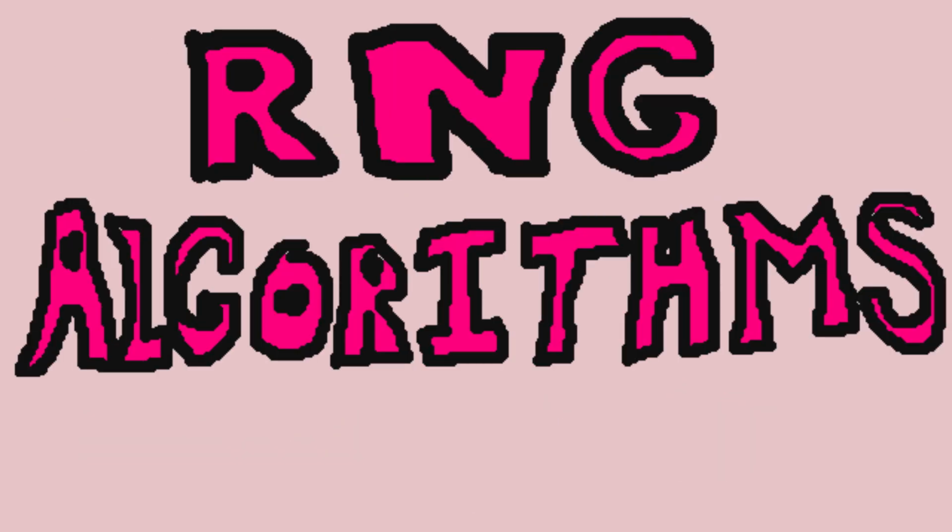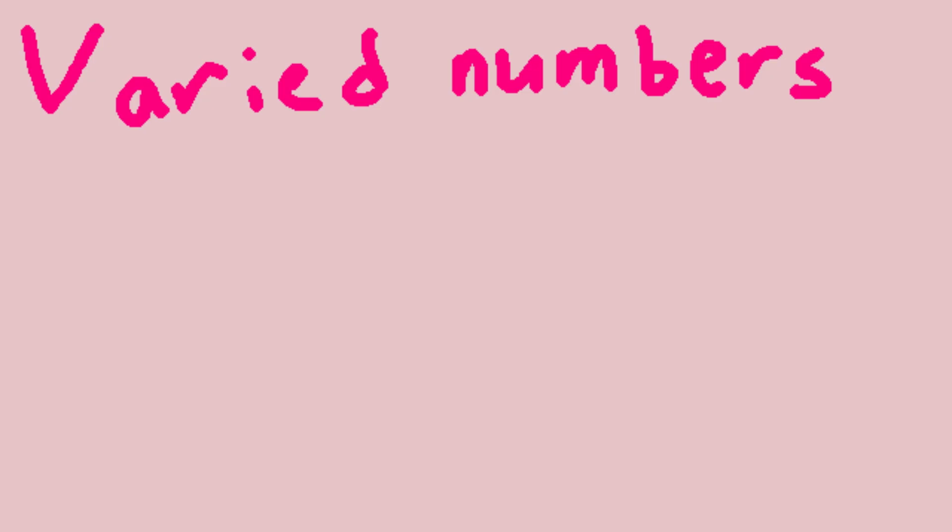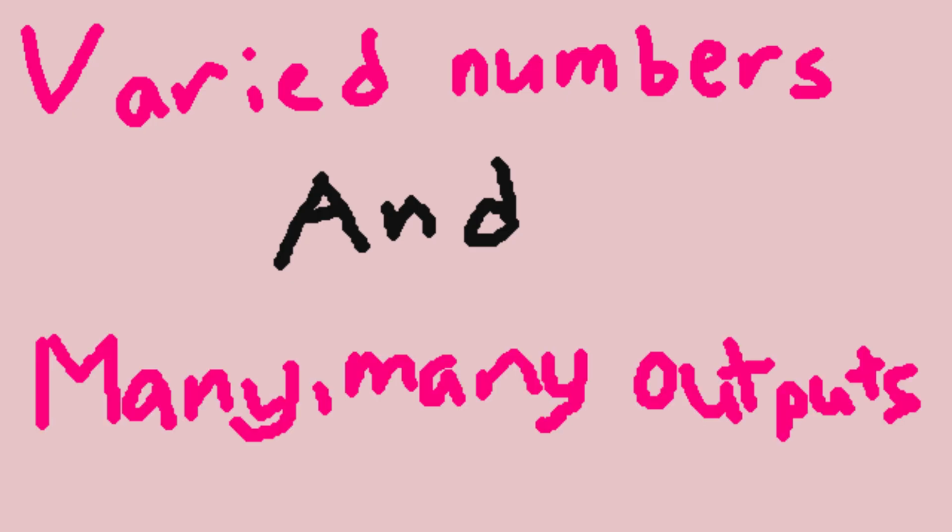So there are many different algorithms, formulas, and functions for generating a pseudorandom number, but they all follow the same ideas to a certain degree, which is generating varied numbers and not biasing certain outputs. They also give a large range of output values to avoid problems.